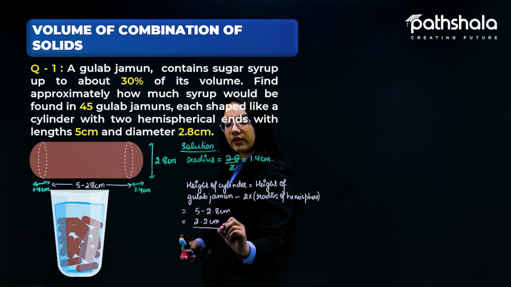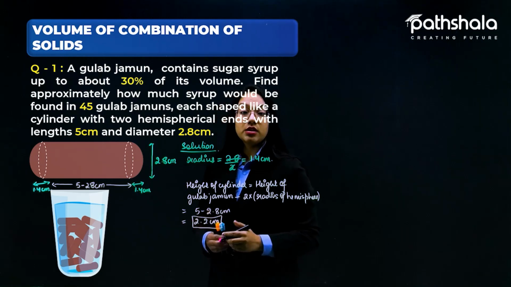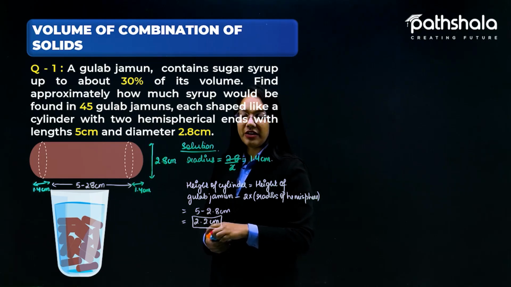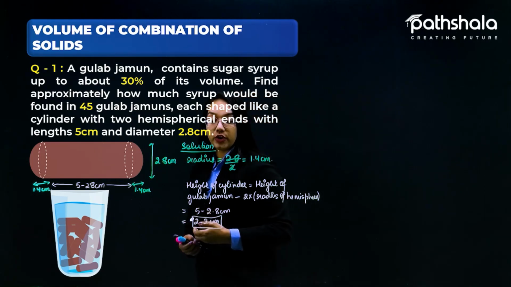Hence the height of the cylinder is 2.2 centimeter.